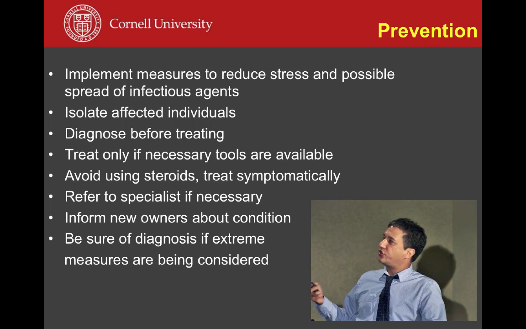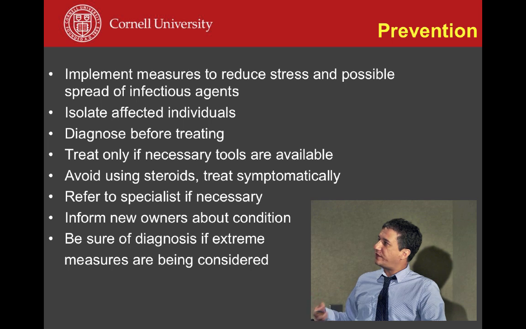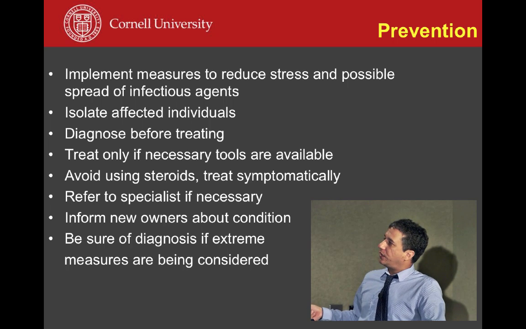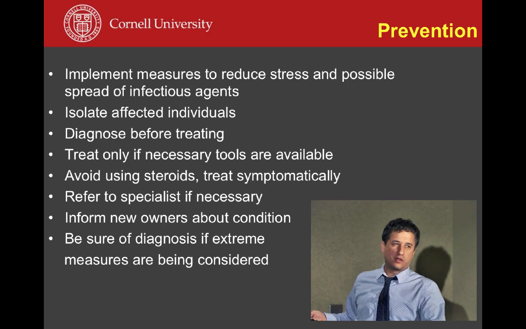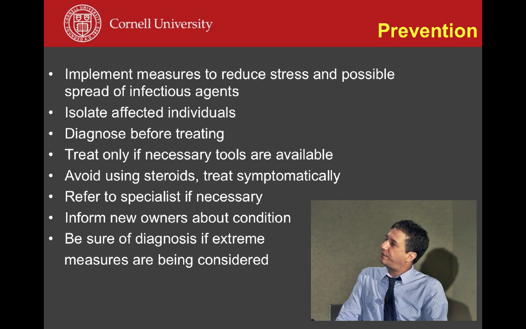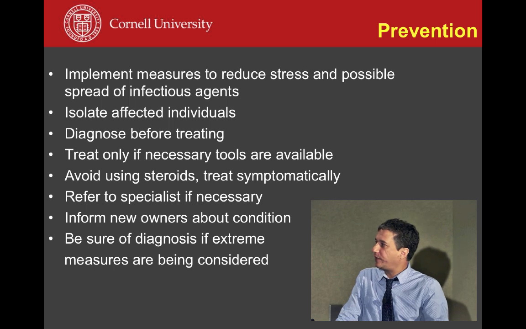I would say that in a shelter environment, it would make sense to implement measures that can reduce the stress level of the individuals and prevent the possible spread of infectious agents, things that I think everybody already does or tries to do. Isolate individuals that are affected. I don't know if it will be effective, but it could be considered.